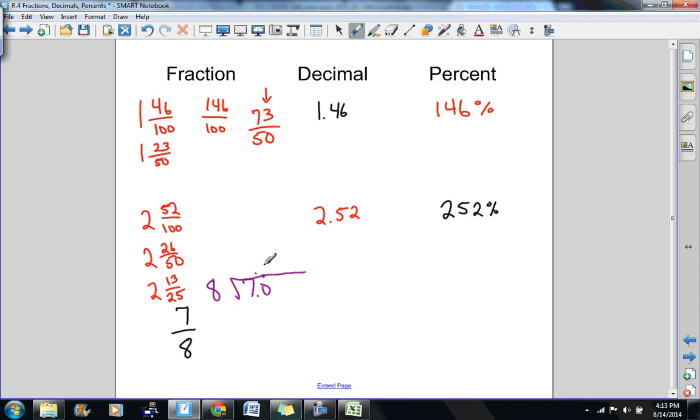So we put 0.8 here. That becomes 64. This becomes 6, and we're going to add another 0. 8 times 7 is 56. And this becomes a 4, and we're going to add another 0. And then 8 times 4 is 32. And then we could add another 0 and keep going.